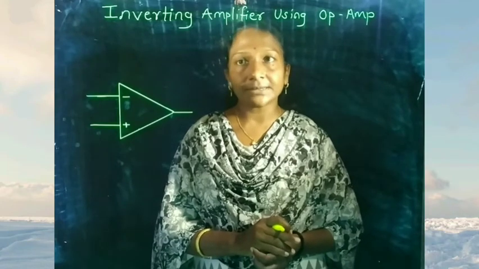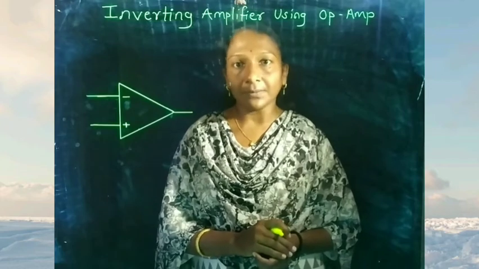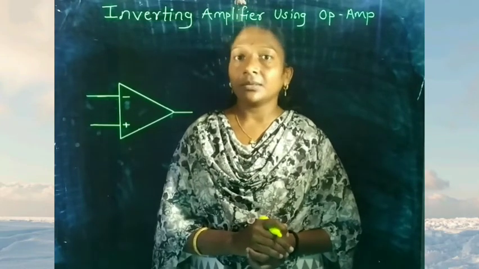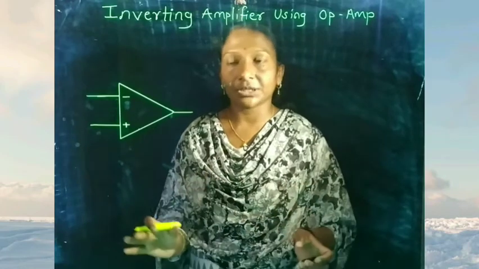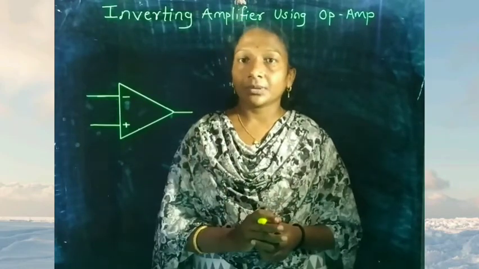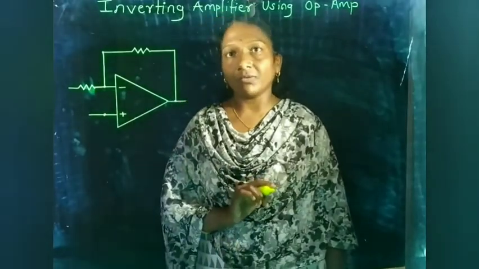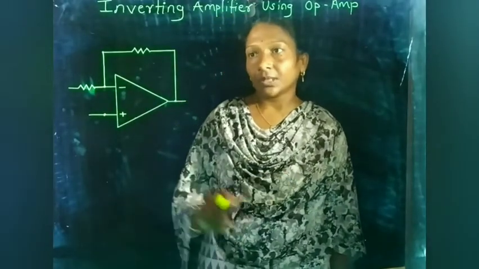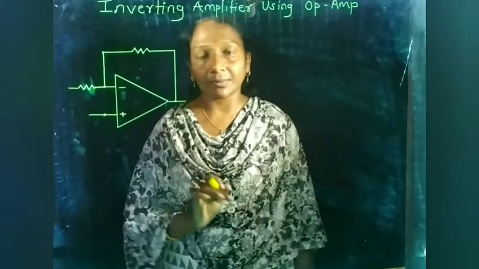So let's see the inverting amplifier using op-amp configuration and find out the output closed loop voltage gain for the configuration. We see the configuration of inverting amplifier. Here we use the extra resistors for the feedback component.